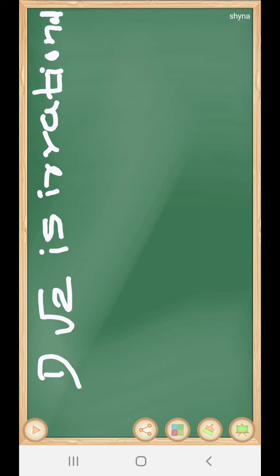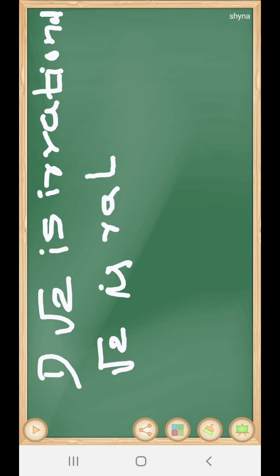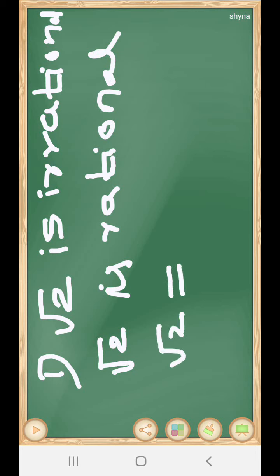Let's see. The first step is to assume root 2 is rational. No need to write now, only listen. If root 2 is rational, we can write it in the form p by q or a by b.